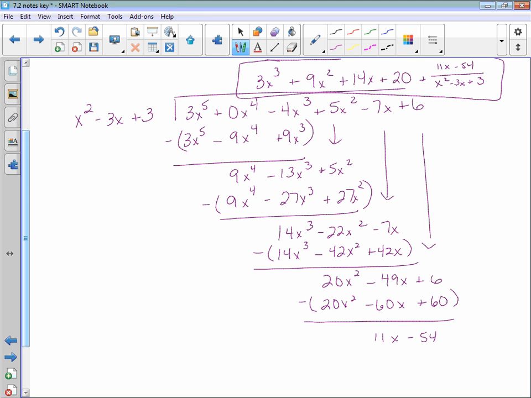So, but then even after that, 4x minus, it's negative 4x cubed. Oh, it is. So I just redo this problem.